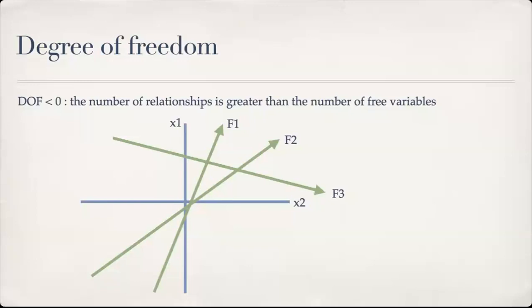But if I give you another constraint, F2, your solution must satisfy F1 and also F2. What happens now? You are not free to adjust anything. You don't need optimization anymore.